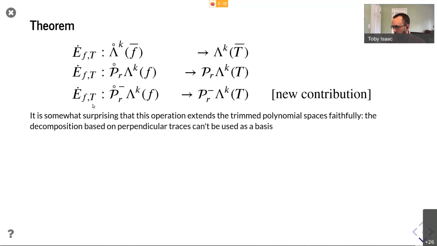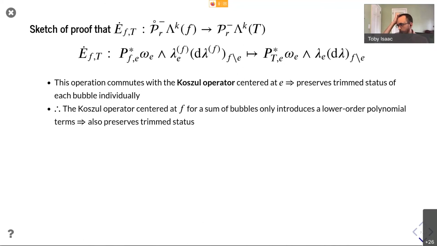What is kind of surprising and what is new in the work that's up on arXiv is the fact that it actually preserves the trimmed polynomials as a subspace of the full polynomials. And just to give a sketch of the proof of how that happens, each individual bubble extension commutes with the Koszul operator, and the Koszul operator is very intimately tied to the definition of trimmed polynomials.